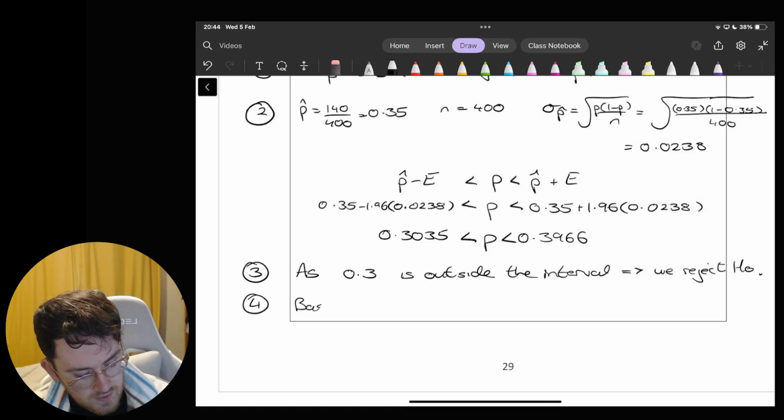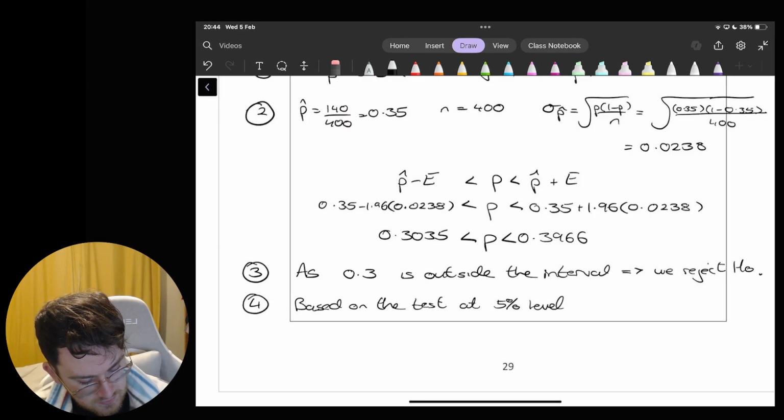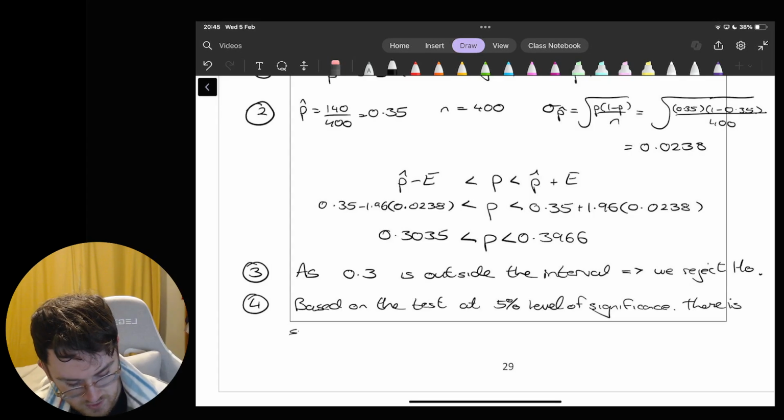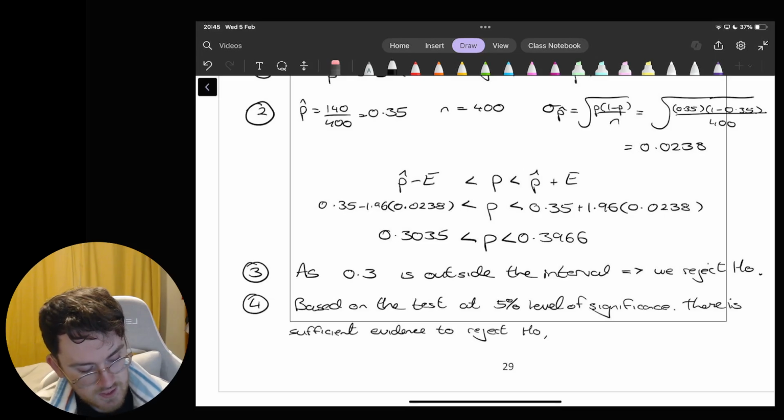So our conclusion then, we might say, based on the test at 5% level of significance, there is sufficient evidence, so there's enough evidence here, to reject the null hypothesis, H0.